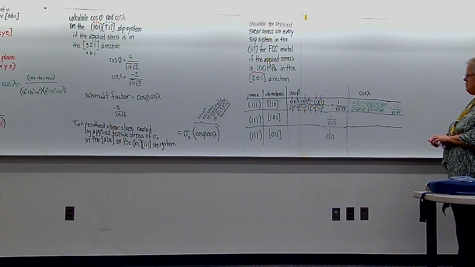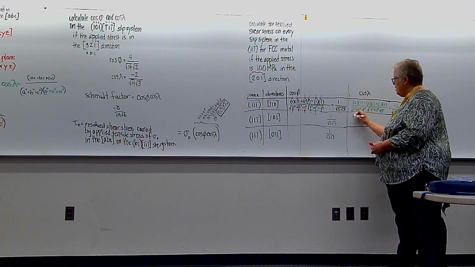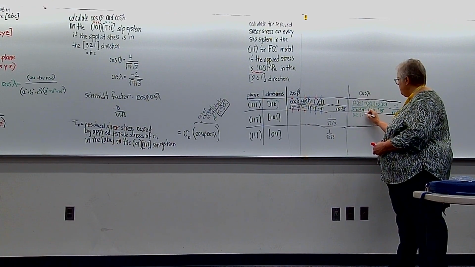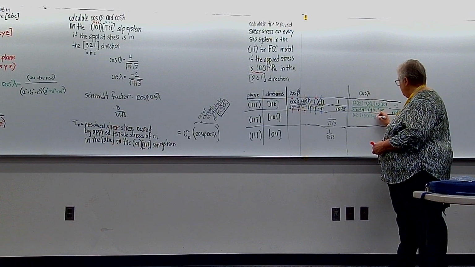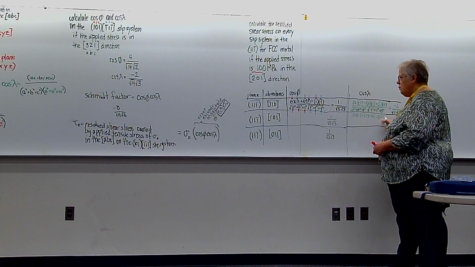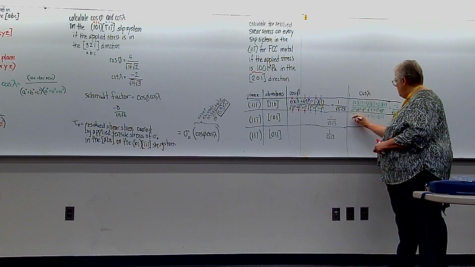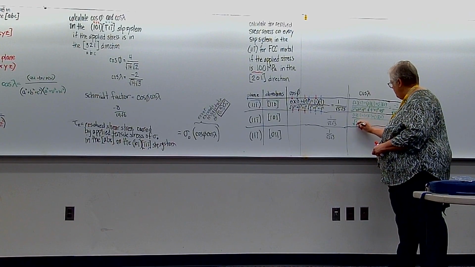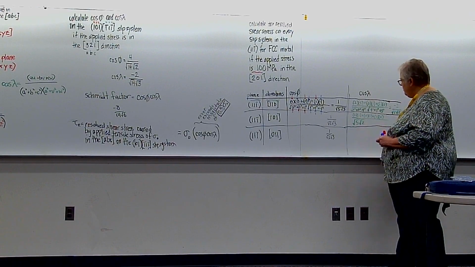The next direction, I've got 2 times 1 plus 0 times 1 plus -1 times -1, over square root of 5, square root of 2.